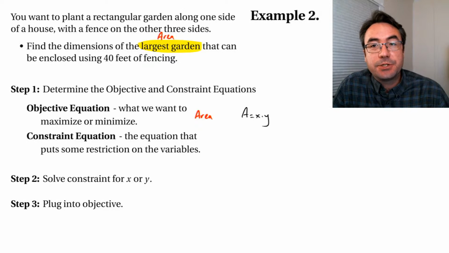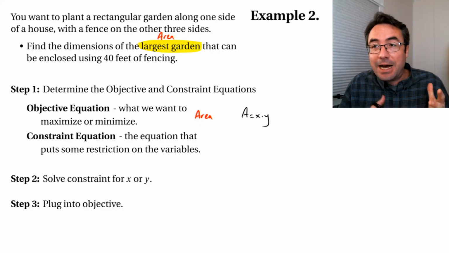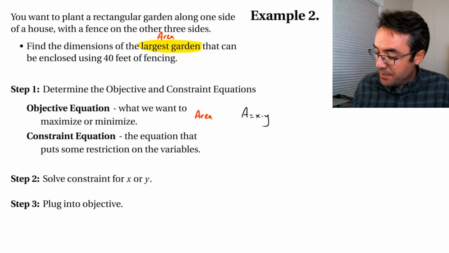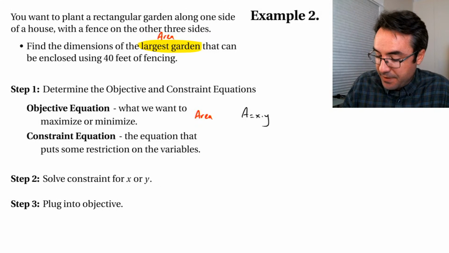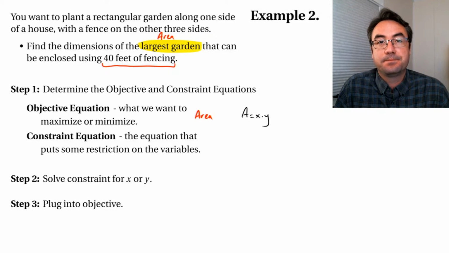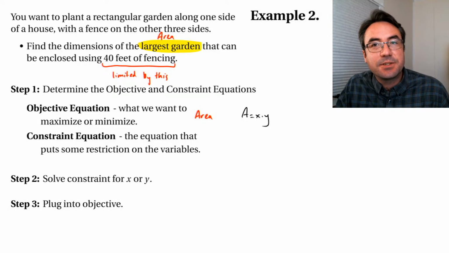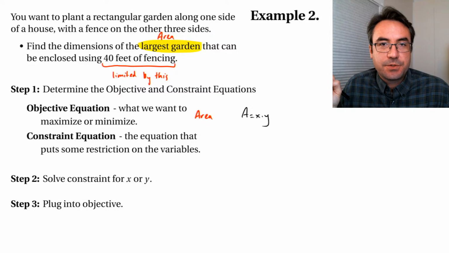Now our constraint equation puts some restriction on how large our garden can be. The thing that's limiting what we can do is the fact that we only have 40 feet of fencing. Usually if you see a constant term in your problem, that's going to involve the constraint equation.